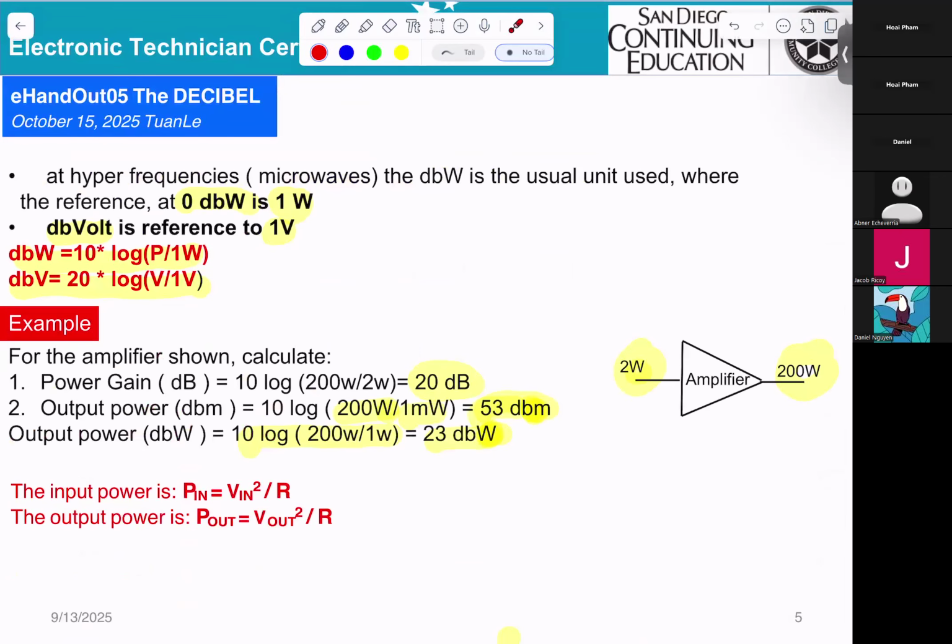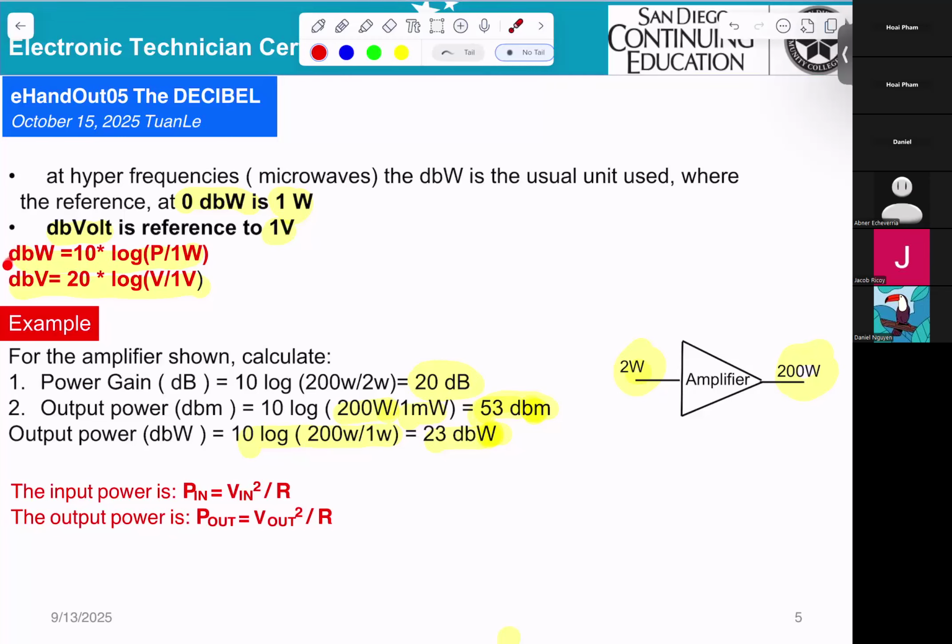At hyper-frequency microwave, dB watt is the usual unit used, where the reference 0 dB watt equals 1 watt, and 0 dB volt equals 1 volt.